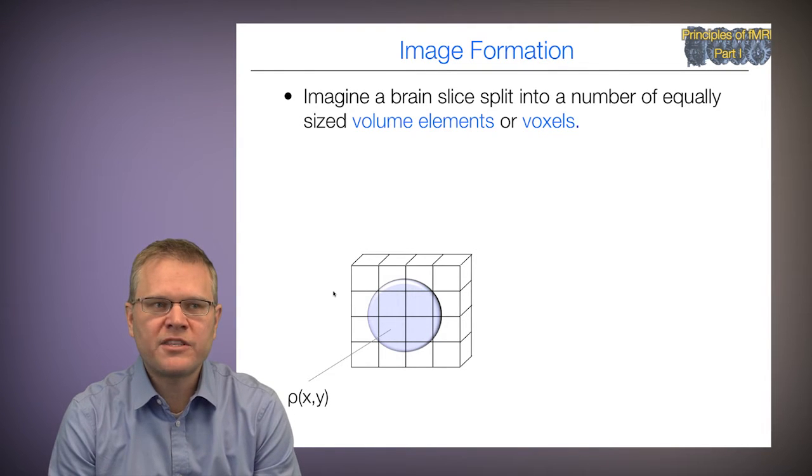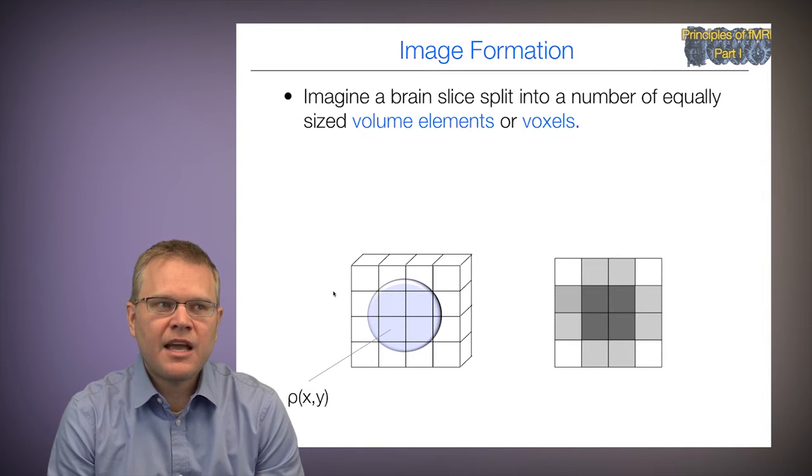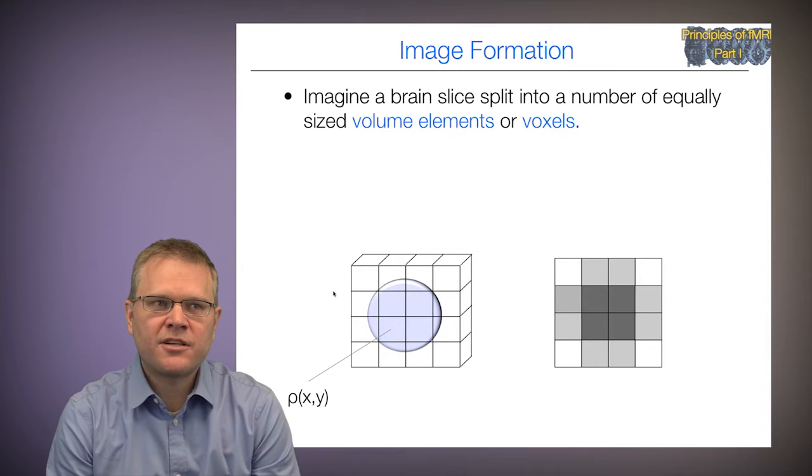And so we're going to call this measurement rho of x,y, where x,y represents the location of the voxel. So basically, if we were to measure how many protons we had in each of these voxels, we could make an image of that information and we would get a grayscale image of the object.